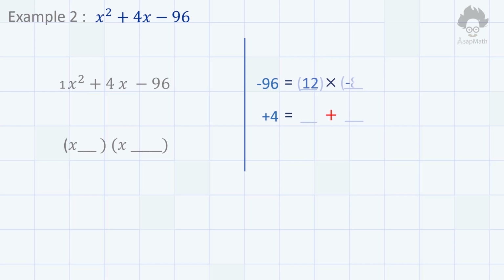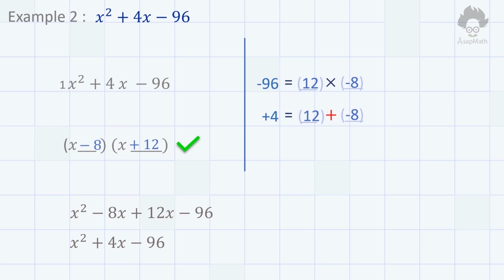Plus 12 and minus 8 satisfy both conditions. Now we can fill two linear expressions with these factors. To verify our answer is correct, we can expand these two expressions. It shows that our answer is correct.